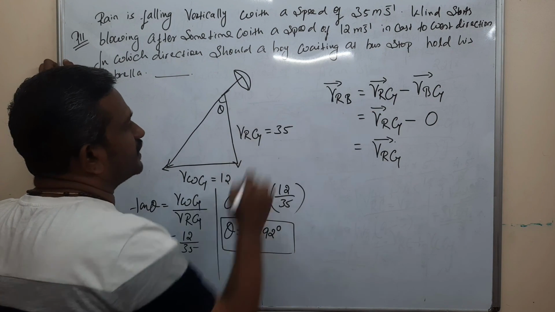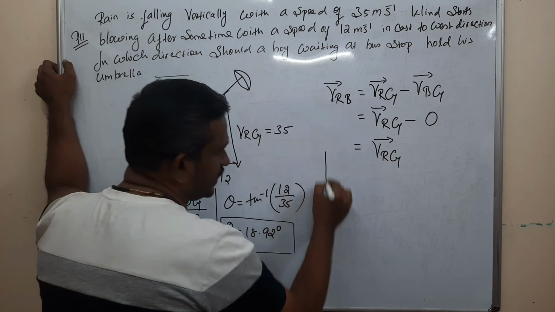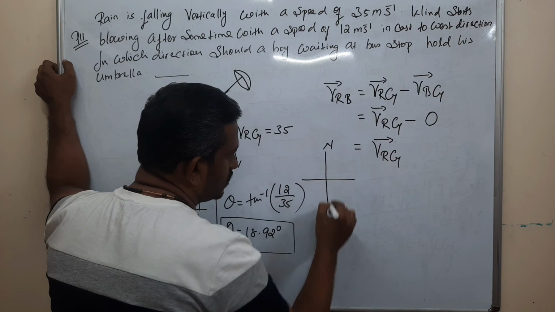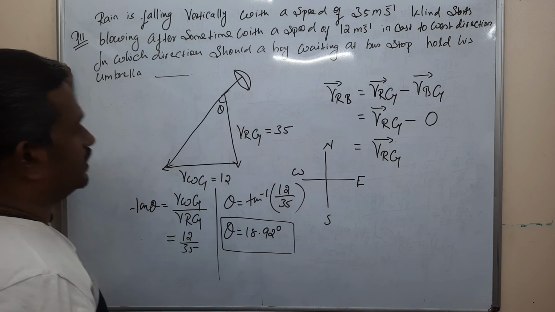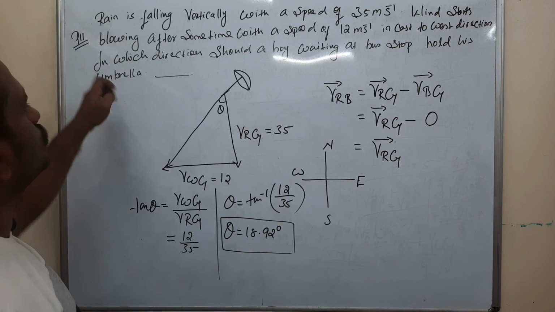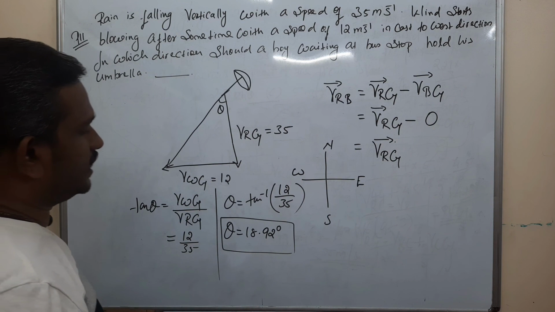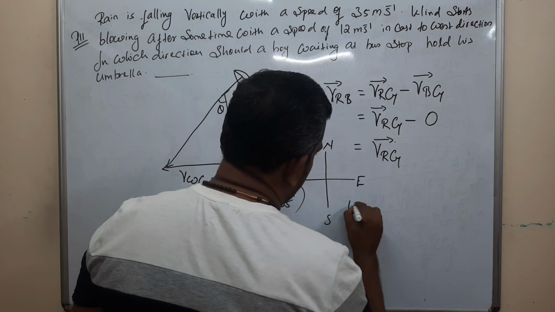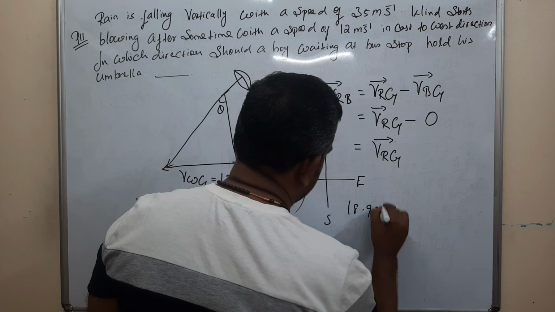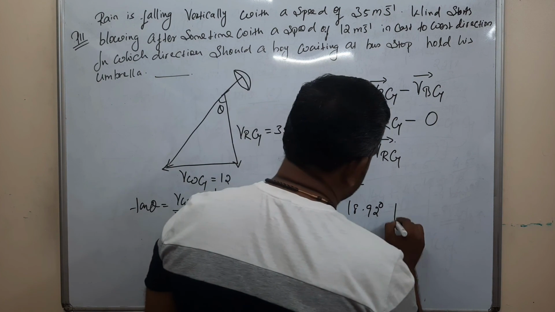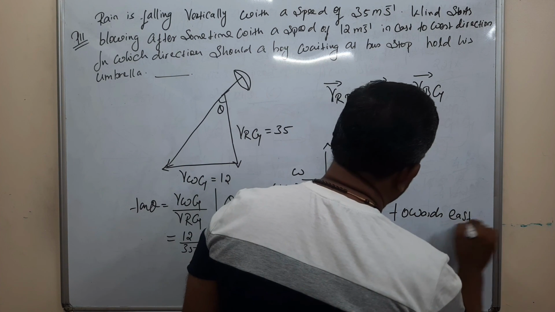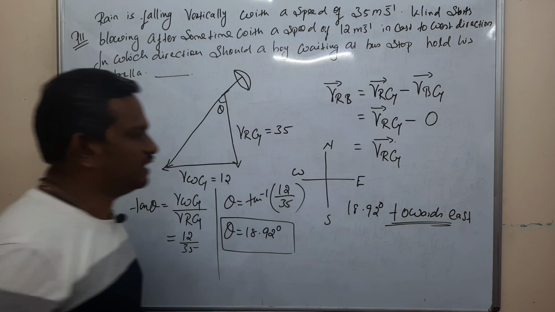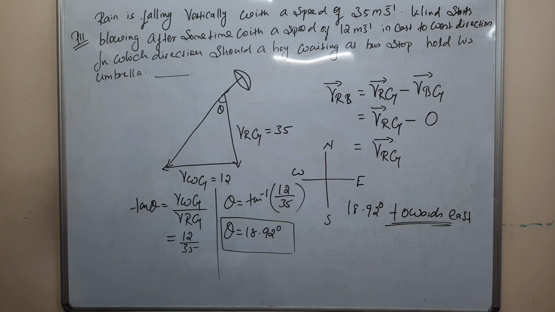This direction is east, and this is north, south, east, west. So the boy should hold the umbrella at 18.92 degree towards east. That is the answer. Clear?